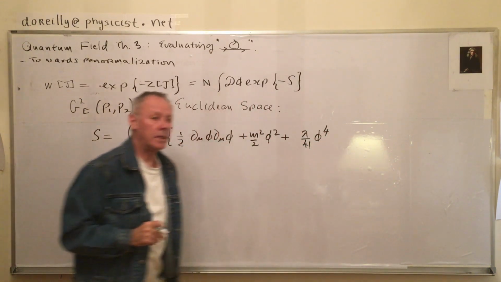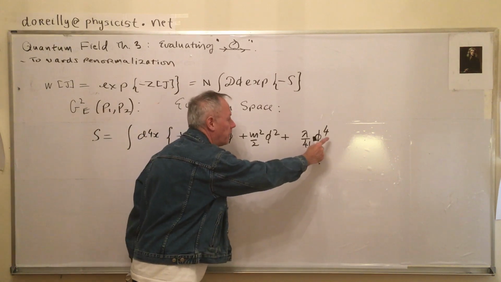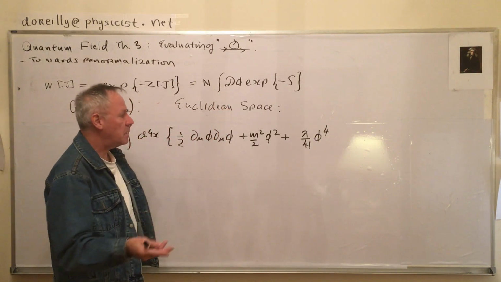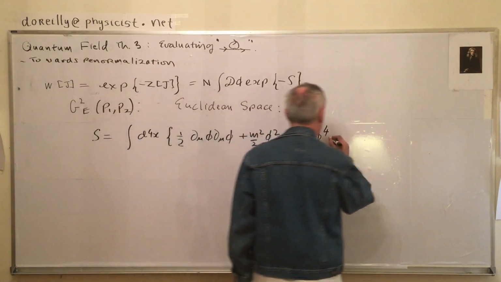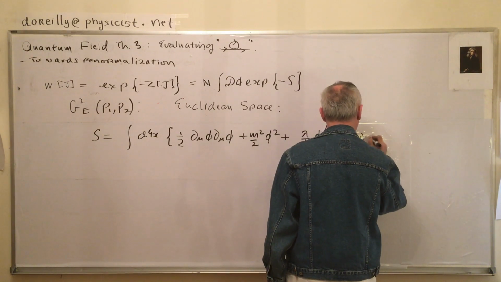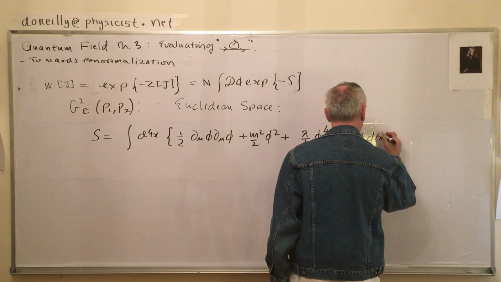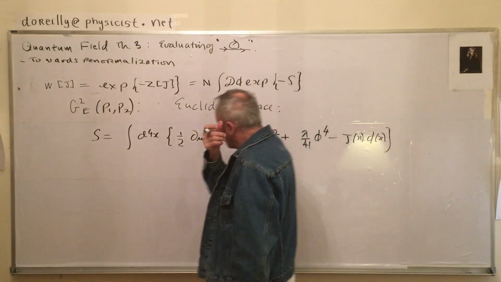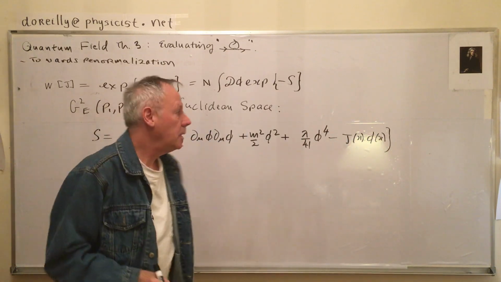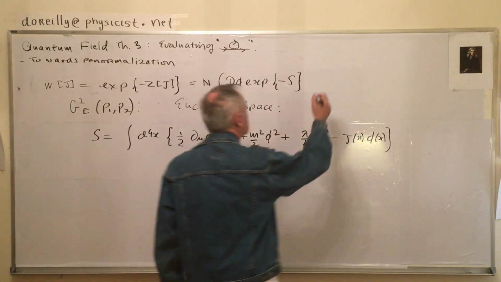And we have been working with scalar fields, lambda phi to the fourth, not lambda cubed. I did some lambda cubed example. Now I'm going to add a source term which will go away in a minute. That's just for getting these things.